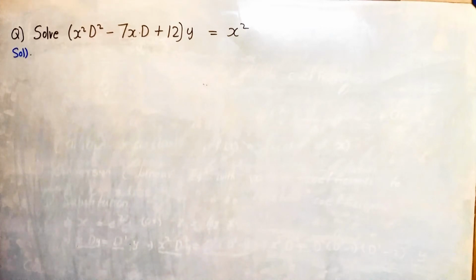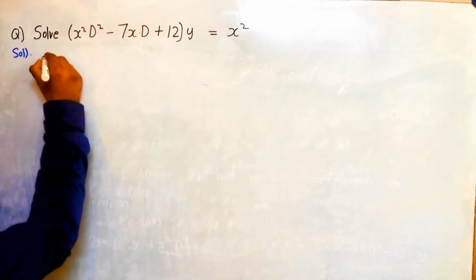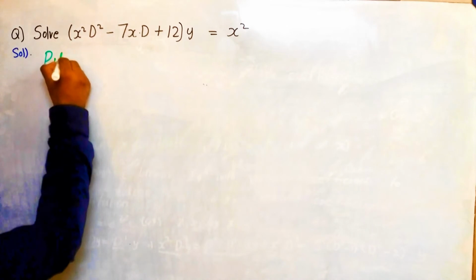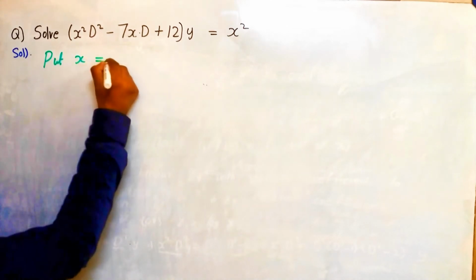In the Euler's type of homogeneous equations, we have studied that we have to make some conversion, changing from variable coefficients to constant coefficients by substitutions. So what are the main substitutions? One is put x is equal to e to the power of z.